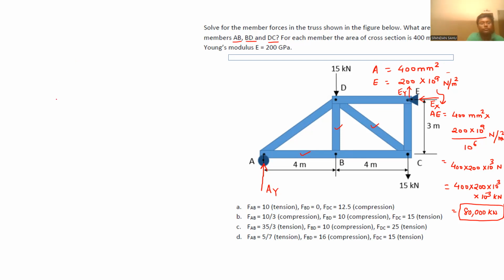Now we can write the equations of static equilibrium. Summation of Fx will be equal to 0. When we write this, we get Ex equal to 0. Let this be equation 1.